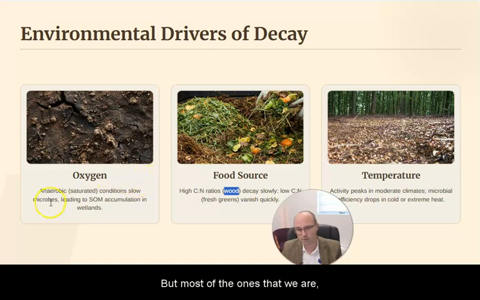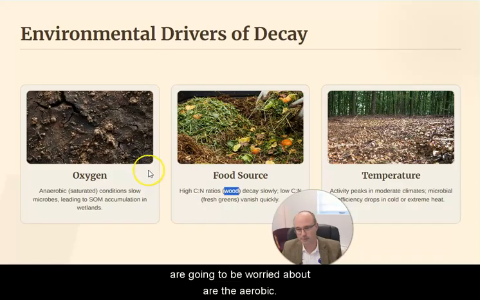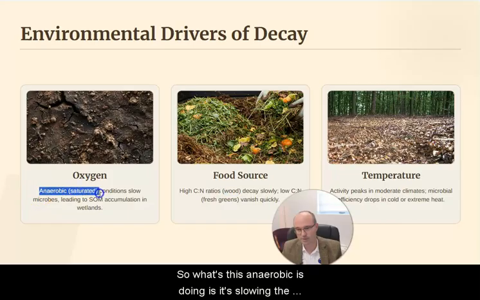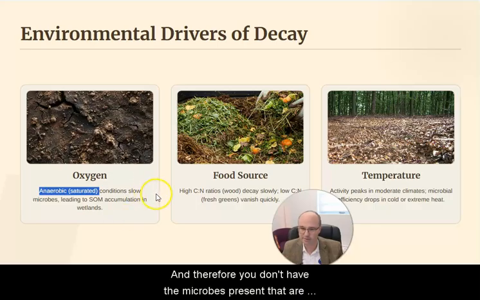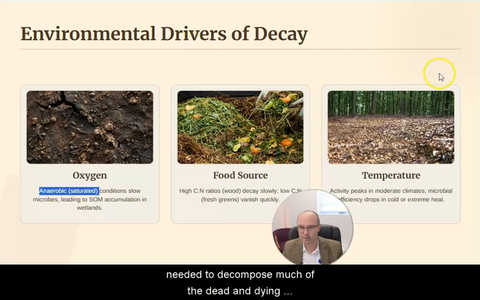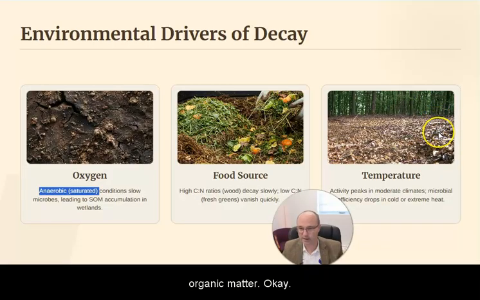But most of the ones that we are going to be worried about are the aerobic. It says here the anaerobic or saturated conditions slow microbes. So what this anaerobic is doing is it's slowing the amount of oxygen to be present, and therefore you don't have the microbes present that are needed to decompose much of the dead and dying organic matter, okay?